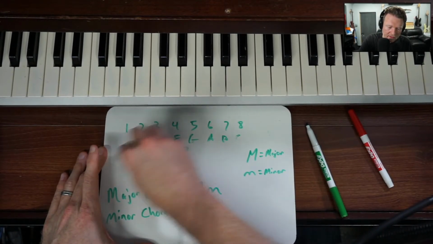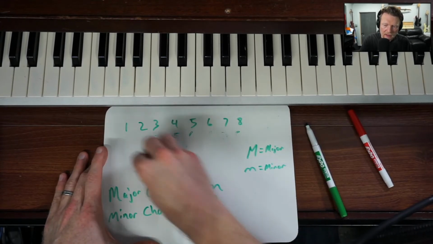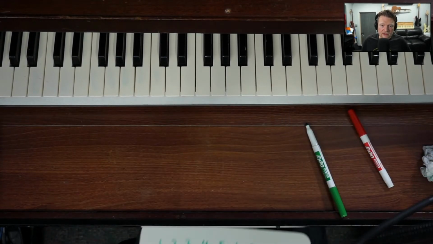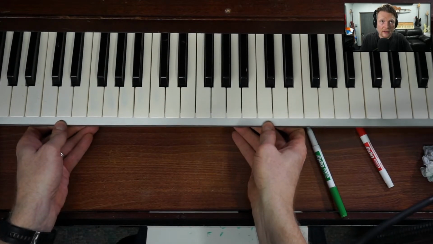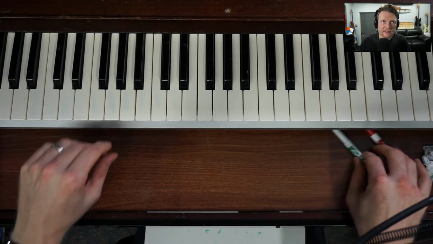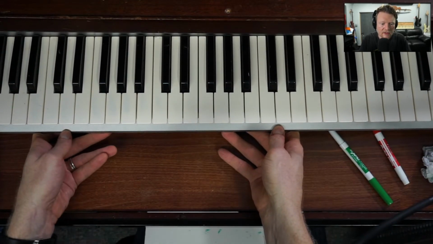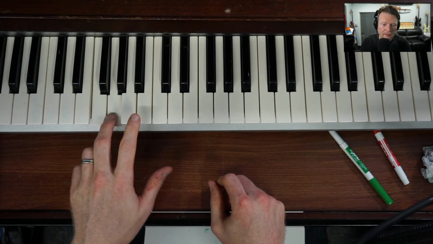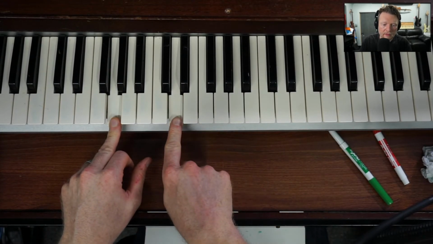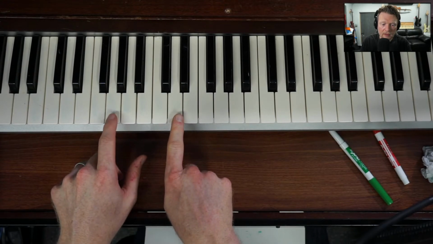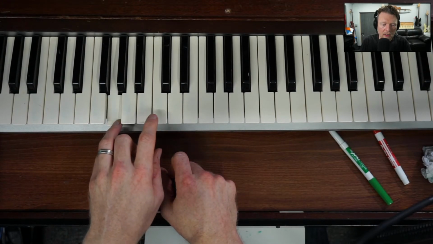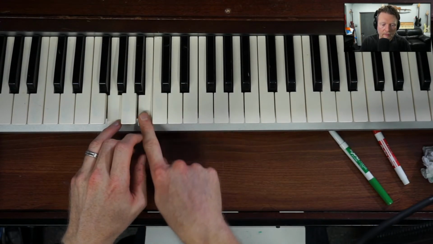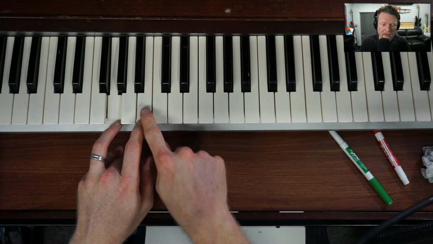Let's see. Well, actually, you know what? We don't even need this. So you guys got it. Major third, minor third. That's going to be the difference. Okay, let's go to the key of G. So here's our G. Here's our 1. These are going to be the same on both of them. So major third, and then our minor third.